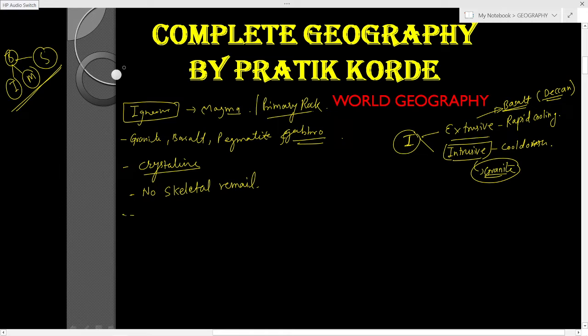Next is sedimentary rock. Sedimentary rocks, as the name suggests, are formed from the compaction of sediments, and are a result of denudation, which basically means weathering and erosion.